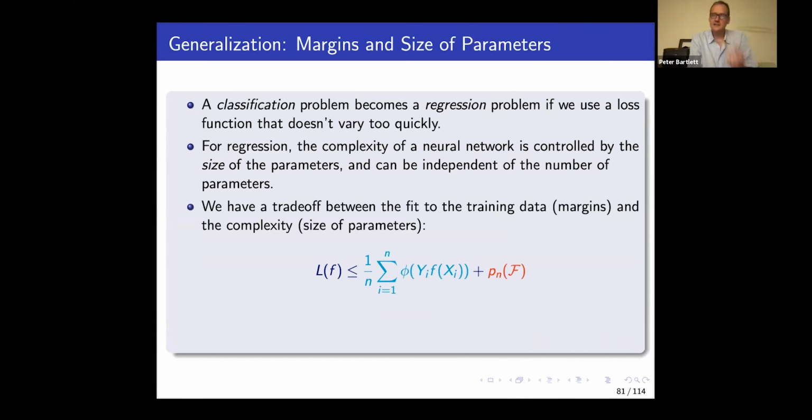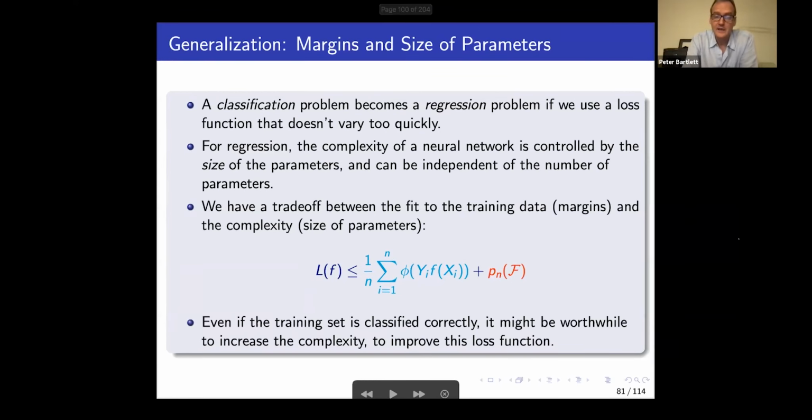So there's this nice trade-off between the fit to the training data, in terms of various kinds of losses, and some sort of complexity penalty. In the examples we've just been looking at, this is in terms of the size of the parameters that we see, and that trade-off gives us an upper bound on the risk.